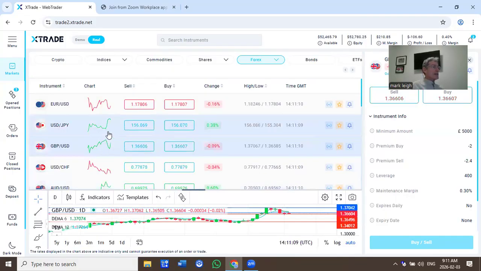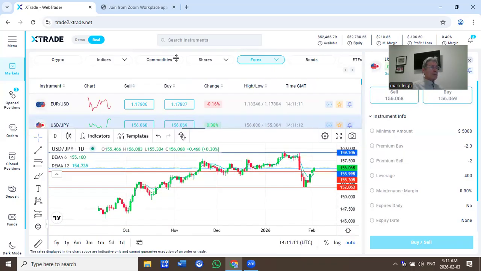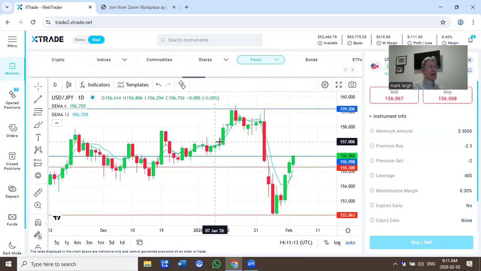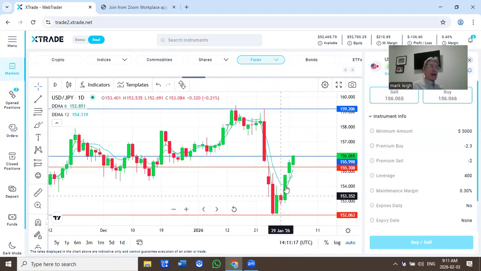US dollar against the yen, and certainly strong US dollar here continuing. You can see the higher highs, higher lows, support at 155.30. I've got support at 156.06, testing that support level right now. Buyers looking to maintain above 156 and higher.